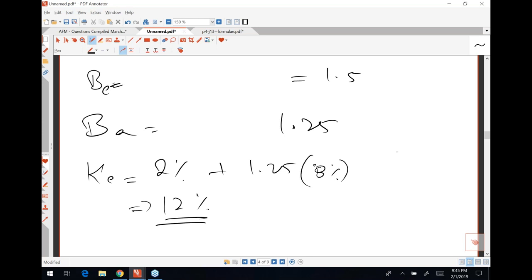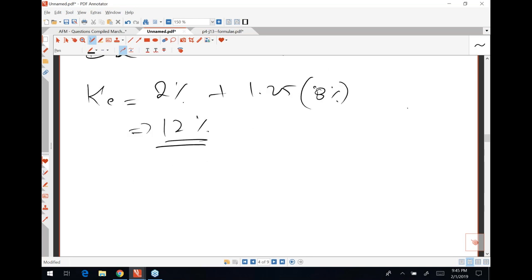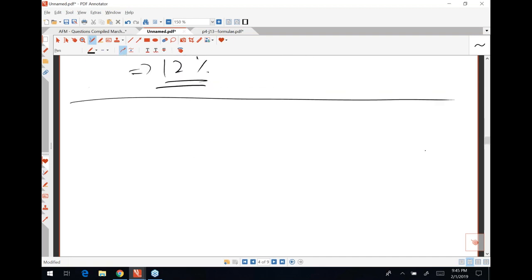Okay, so one aspect is done: the relevant discount rate is calculated, in which we have assumed that the entity is 100% equity funded. Now we need to rectify the calculations of the NPV.